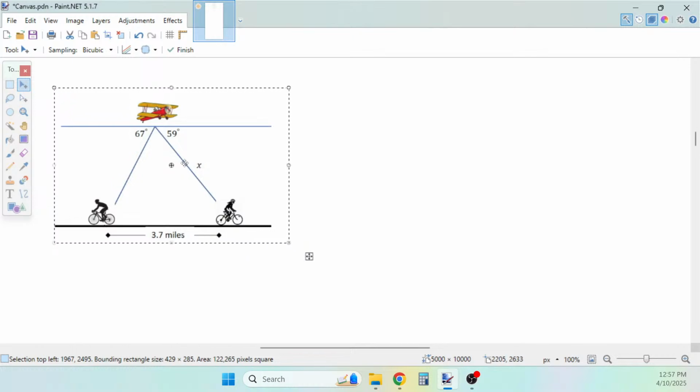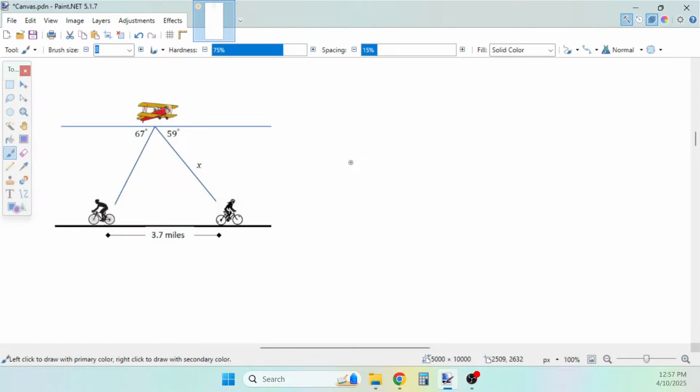So, I have this picture here. If this is 67, then that means drop a line here. That means this angle is going to be the complement of 67, which is 23. And this angle is 59. That means this one is going to be 54.